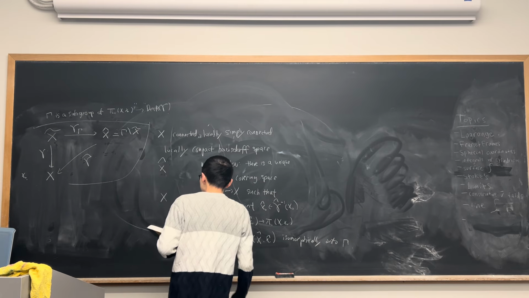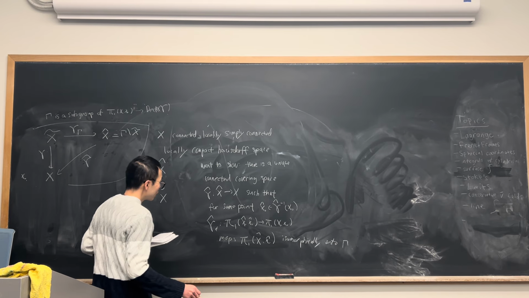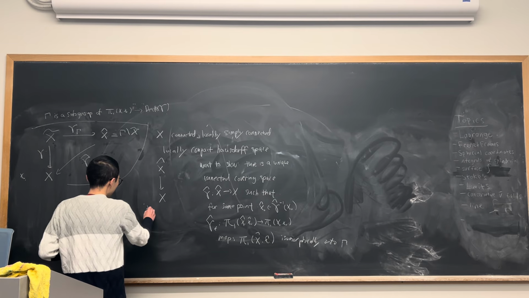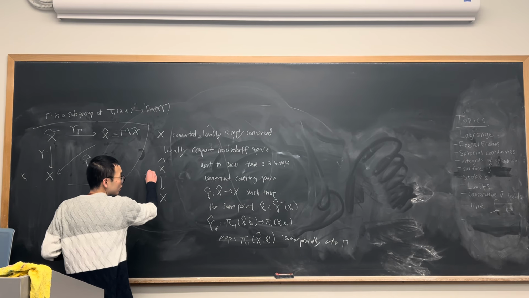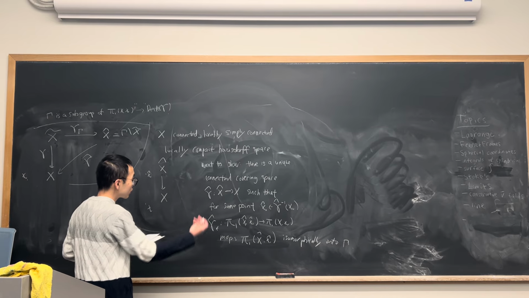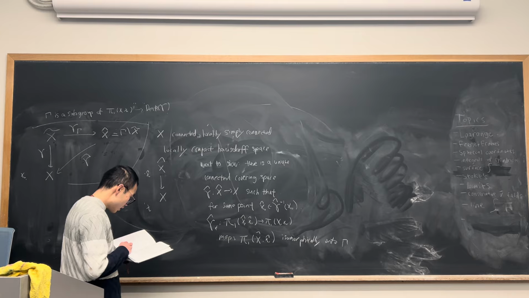Namely, you have a covering projection such that the push forward of pi 1 at the base X naught hat maps onto this subgroup.